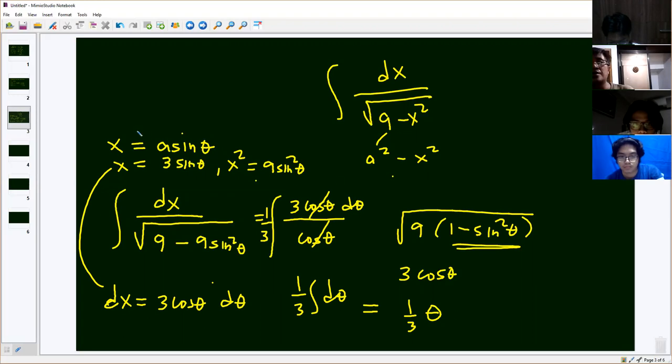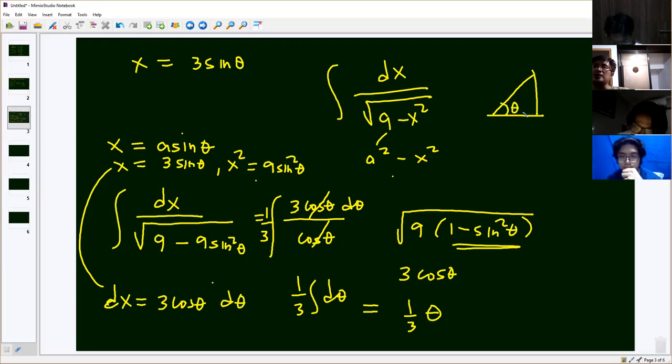If x is 3 sine theta, then from the substitution we can get it. If x is 3 sine theta, we have to solve for theta. Usually we use a triangle. Let's make a triangle. We have this theta.